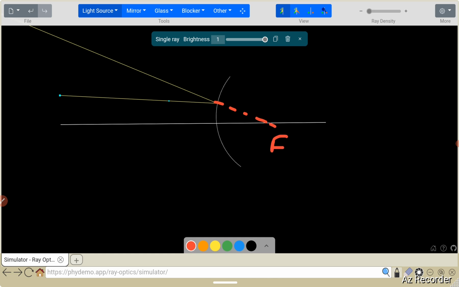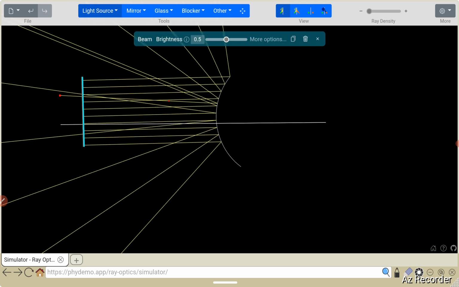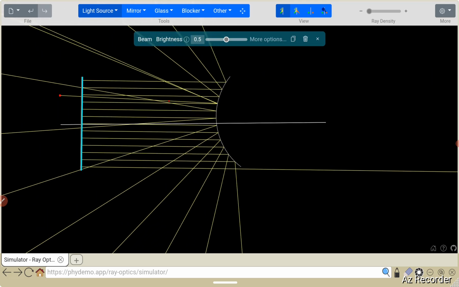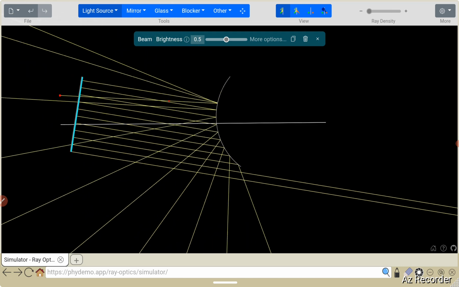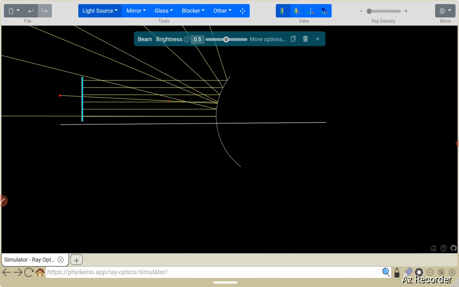Now let me do with a beam. Okay. Now see here. You just need to take until the mirror only.